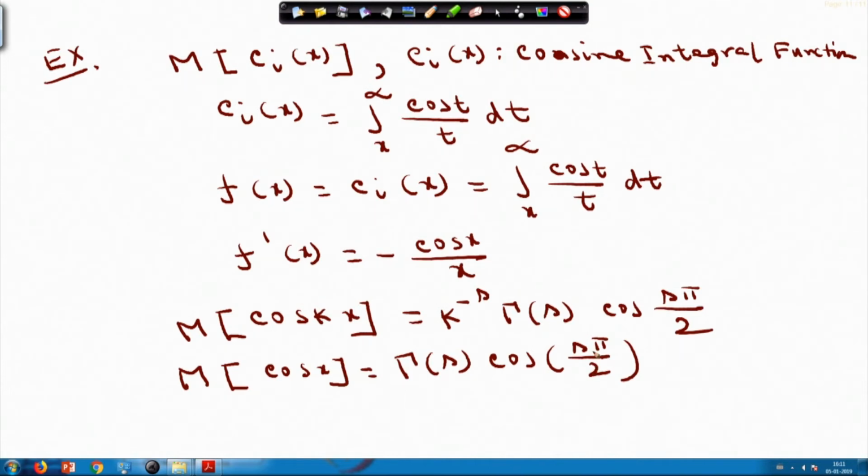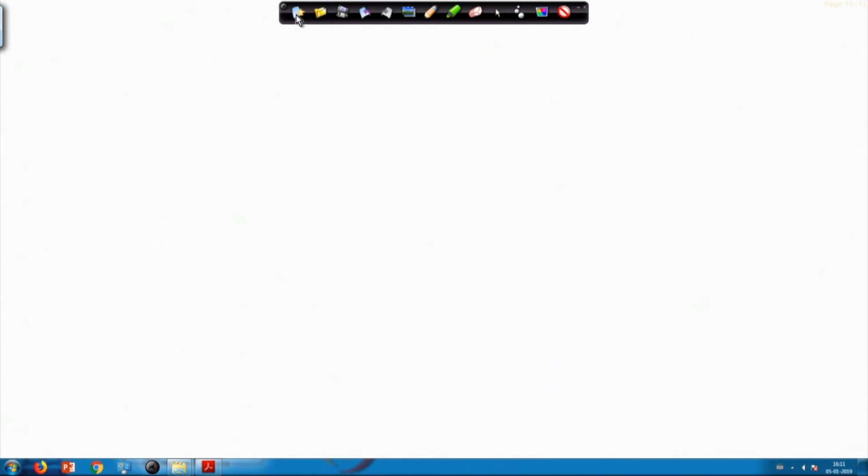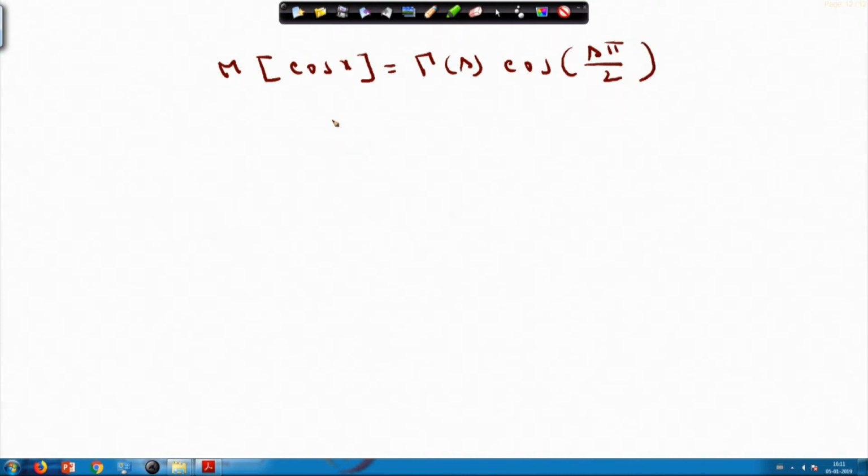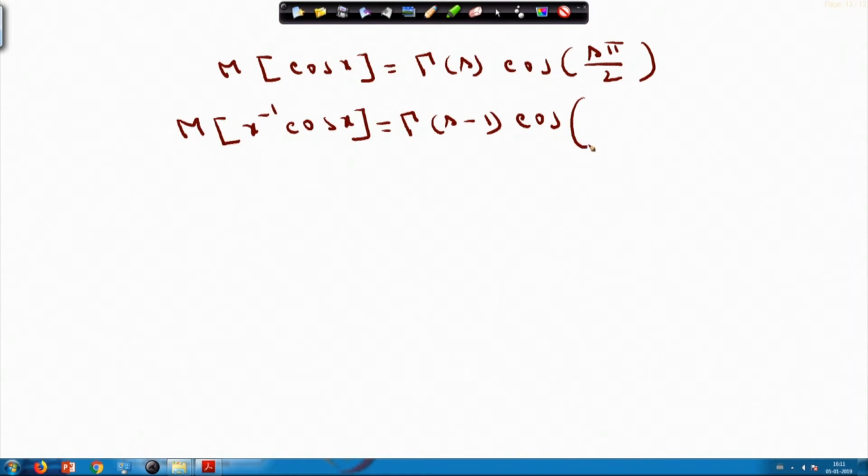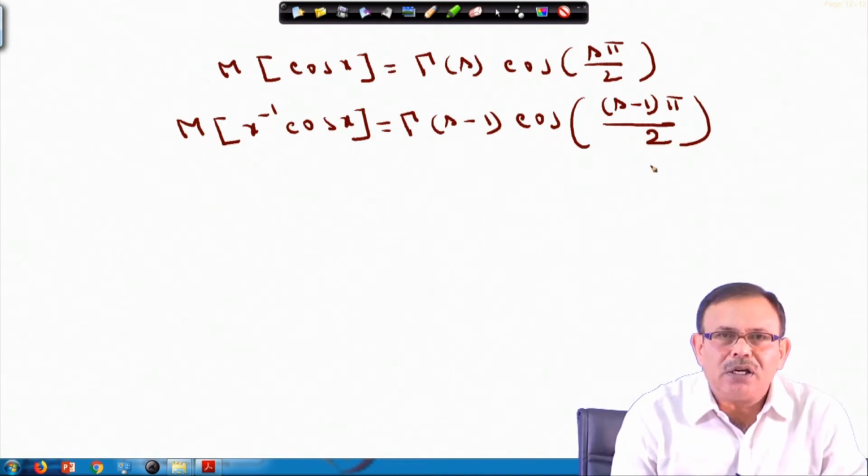Again, in the same way, the Mellin transform of cos x we got as gamma s into cos (s pi by 2), but I am interested in cos x by x. So, the Mellin transform of x to the power minus 1 into cos x equals gamma (s minus 1) into cos ((s minus 1) into pi by 2), again using the shifting property as I described in the last example.